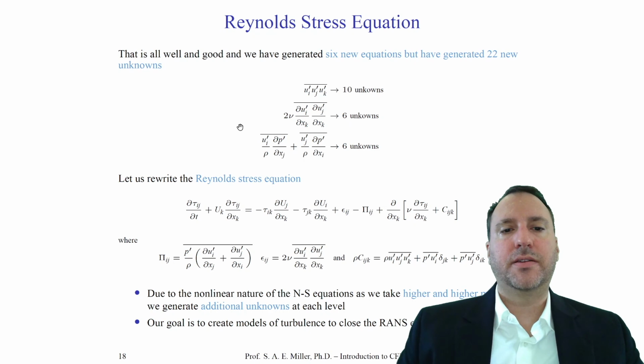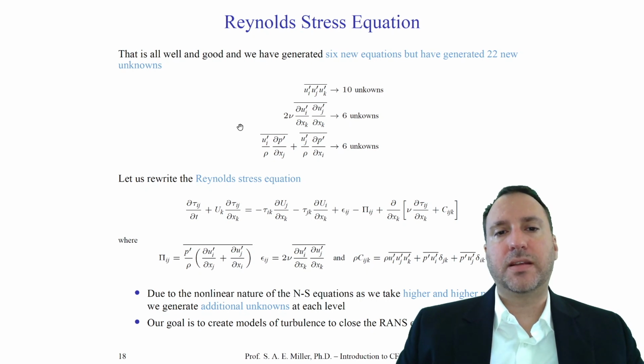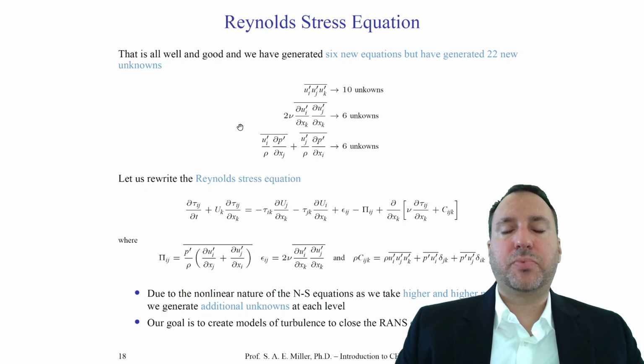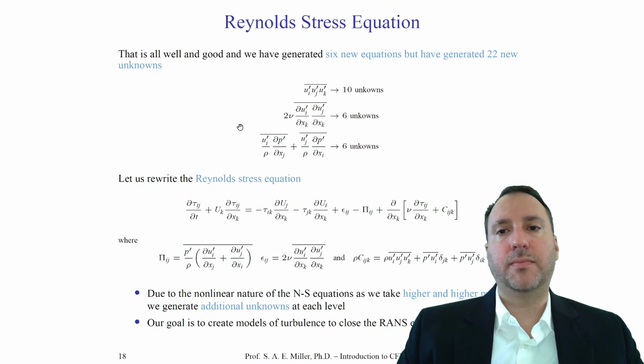In fact, there is a mathematical proof which shows that no matter how many moments you take of this set of equations, you'll always generate more and more unknowns. You'll never be able to generate through the moment process, like the Reynolds stress equation example, an equal number of equations to the unknowns. This is very unfortunate, and it is a mathematical proof which shows the turbulence closure problem. So we haven't closed the problem at all. We still have more unknowns than equations.